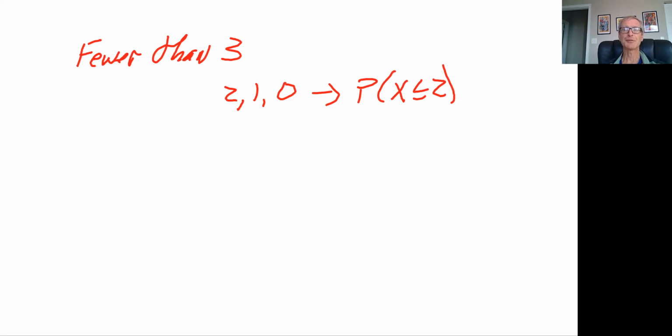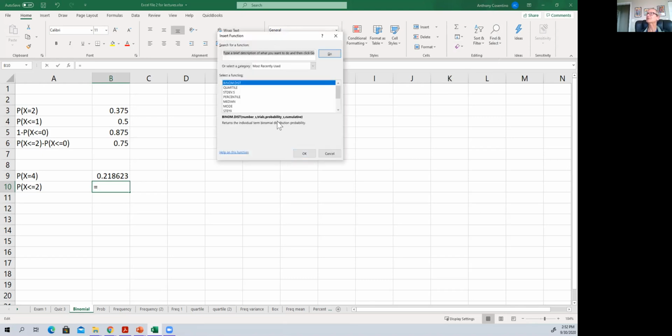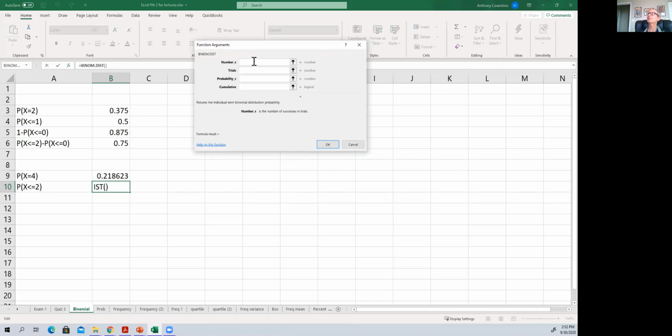So back to the spreadsheet. This one is the probability of X less than or equal to 2. We pull up more functions, bring up the binomial. In this case, X is 2. Again, it's 15. Make sure you plug in the right numbers, 0.3 for probability. In this case, it would be true.